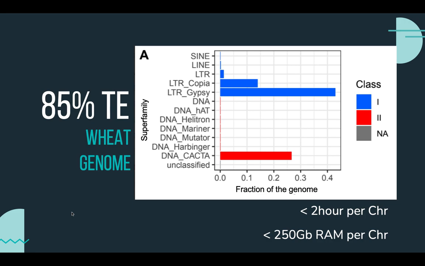So here with our software, we can annotate the wheat genome in less than 2 hours per chromosome using less than 250 gigabytes of RAM per chromosome, and we got the same percentages of elements within the genome that are LTR copia, LTR gypsy, and DNA cacta that were previously reported.